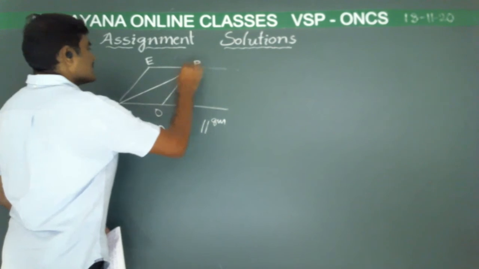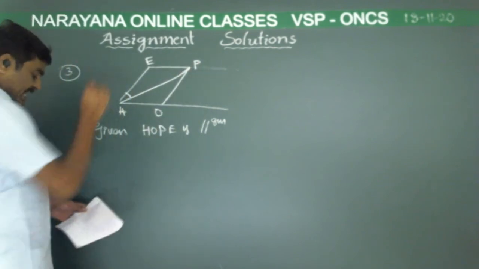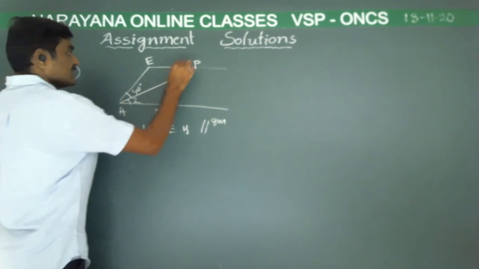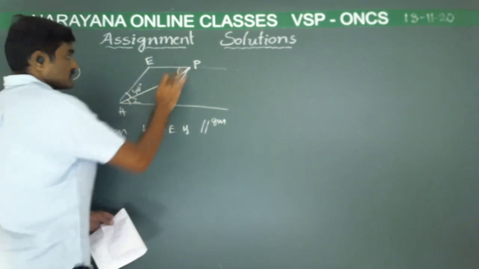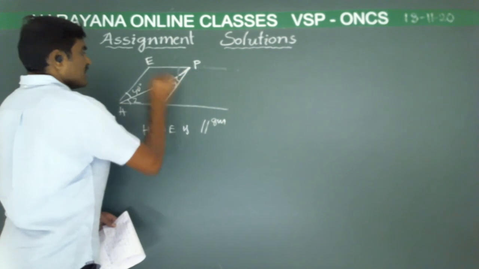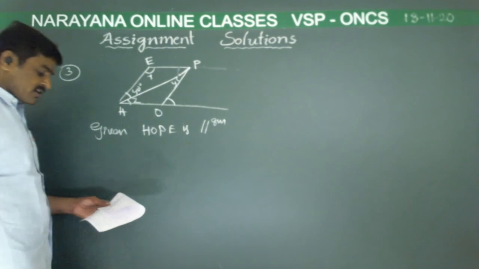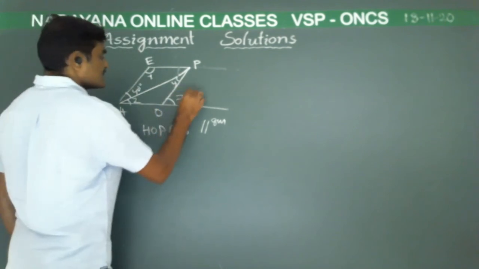In the diagram, this angle is 40 degrees, this is Z, this is Y, and this is X. And this exterior angle is also given as 70 degrees.